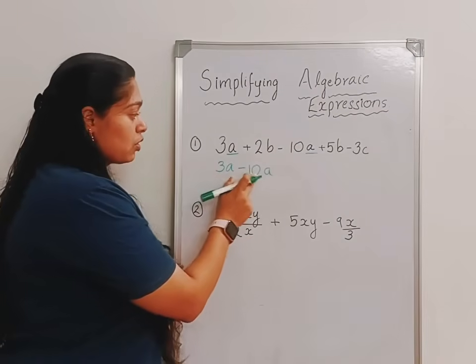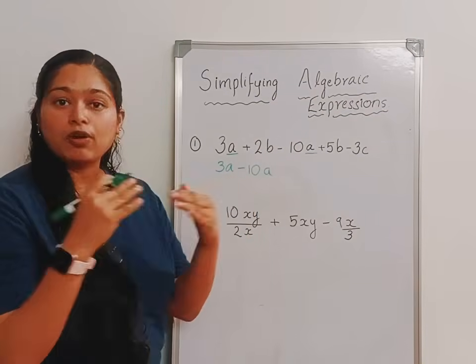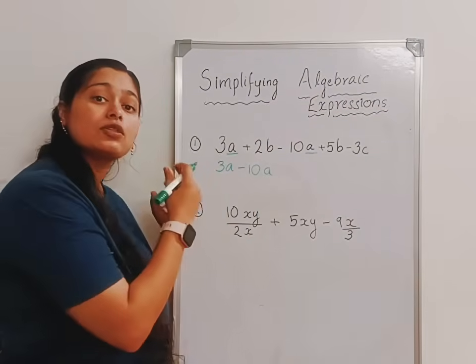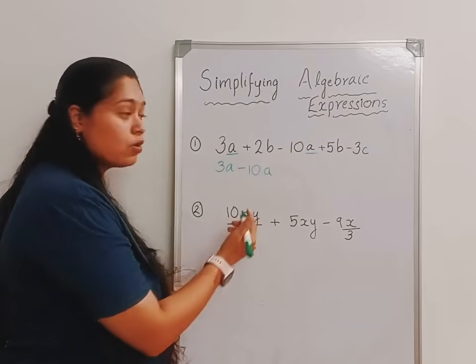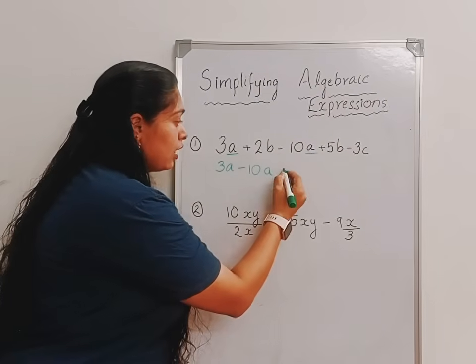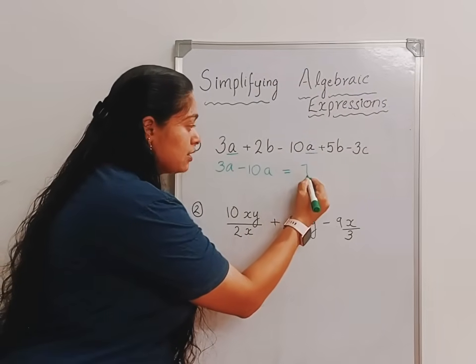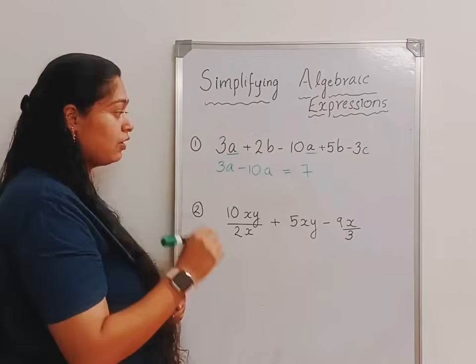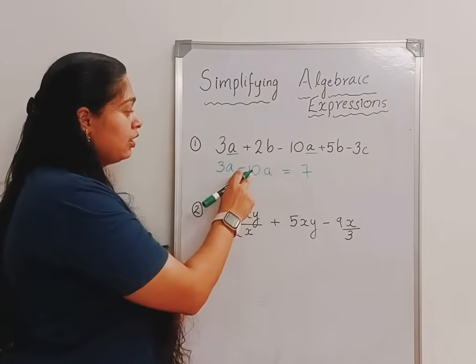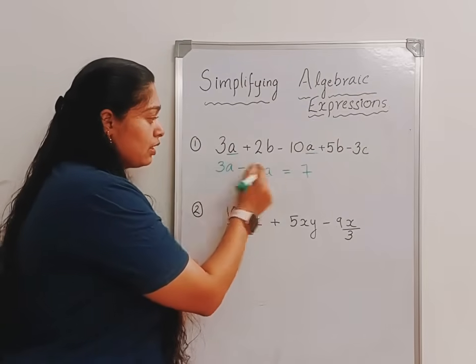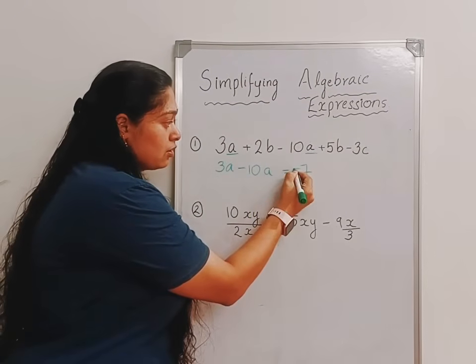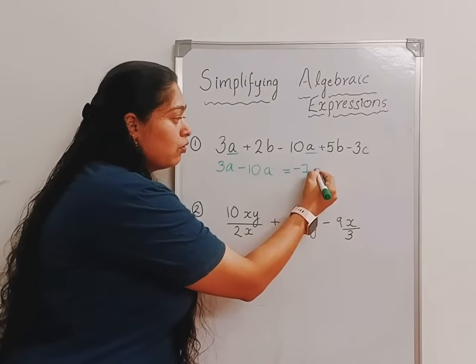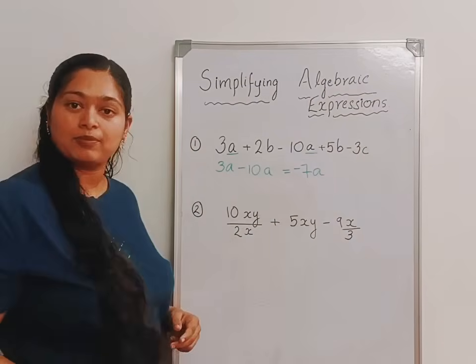One positive integer and another negative integer, we are not going to add them, instead we are going to subtract them. So technically we are going to do 10 minus 3 and we will get 7, but we have to take the symbol of the bigger number. Here 10 is the bigger number, so let's take the negative of 10 and give it to 7. So negative 7, and don't forget to put the variable a.